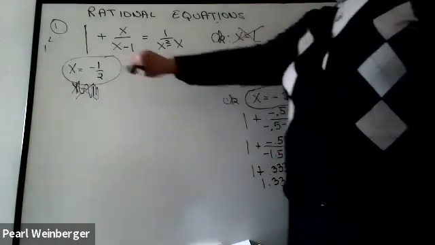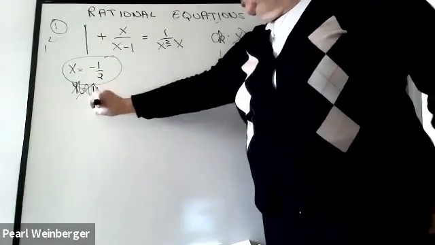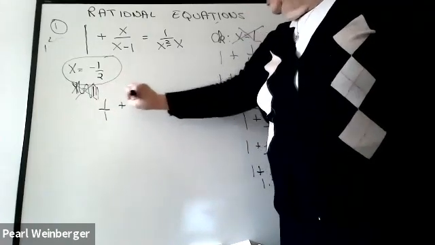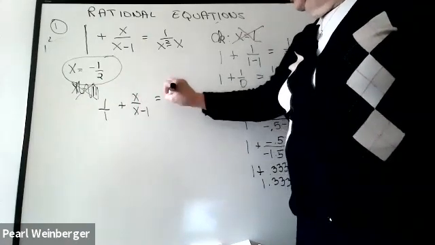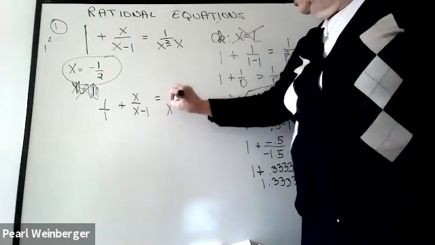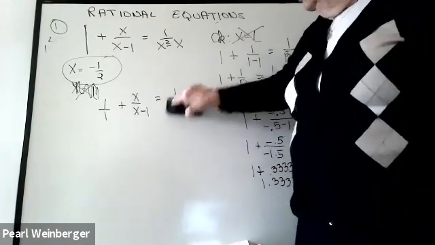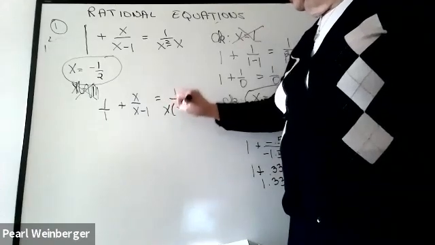When we got over here, after we factored, we had 1 over 1 plus x over x minus 1 equals 1 over x squared minus that. I'm sorry, let me factor this: 1 over x times x minus 1.